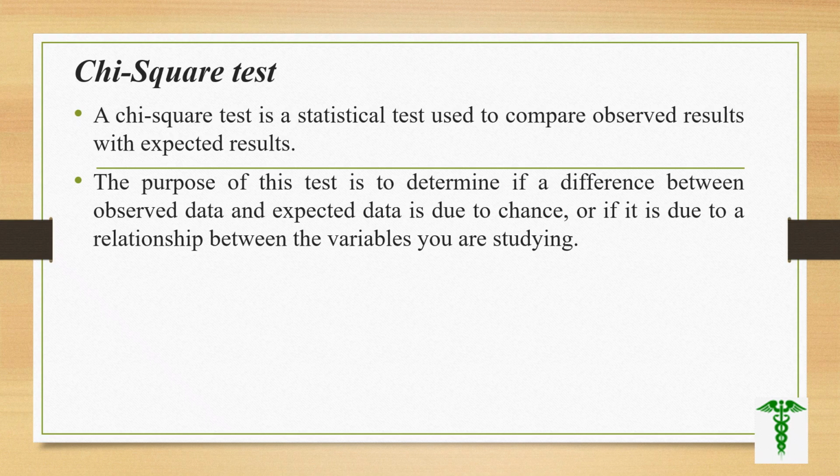The purpose of this chi-square test is to determine if a difference between the observed data and the expected data is due to chance, or if it is due to a relationship between the variables you are studying. Variable means the thing we are keeping, which may give more chances of getting one result. So we will get a comparative result in the chi-square test.